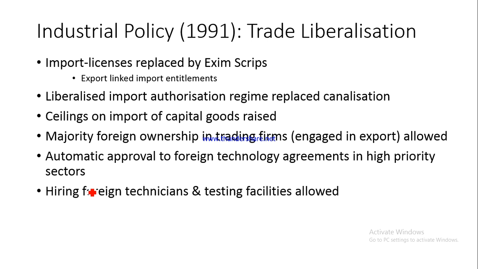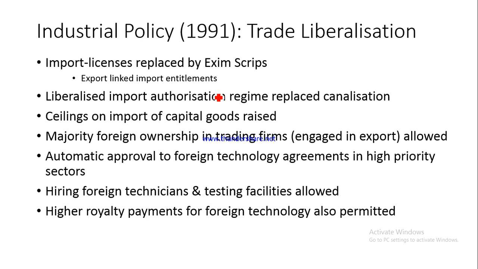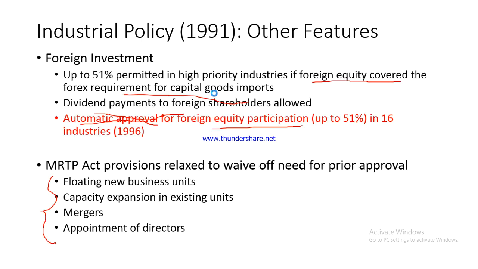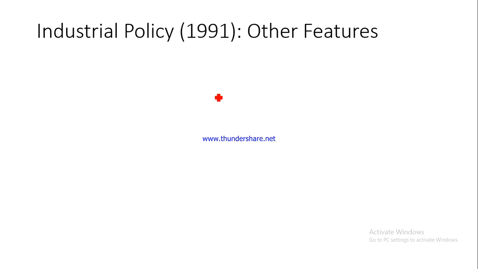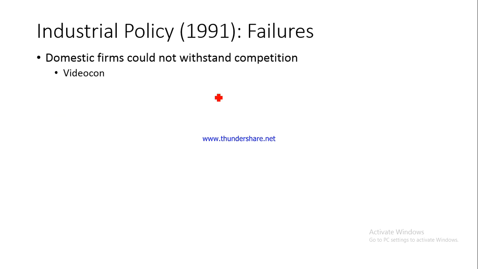As far as foreign technology was concerned, automatic approval were to be granted, majority foreign ownership in trading firms, liberalized import authorization. So basically this led to the Indian market being flooded with foreign made goods, and Indian firms, since up till now they were used to competing only within the country.